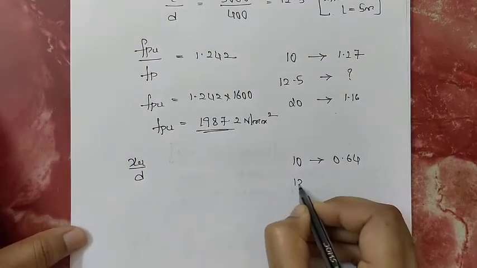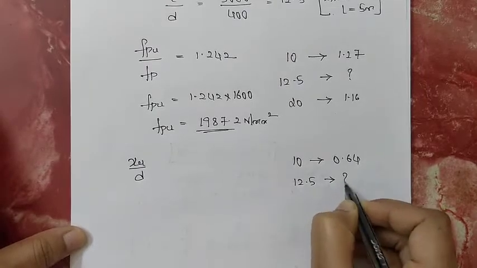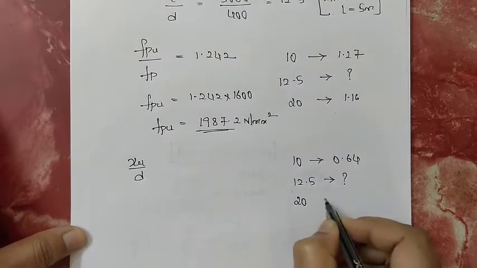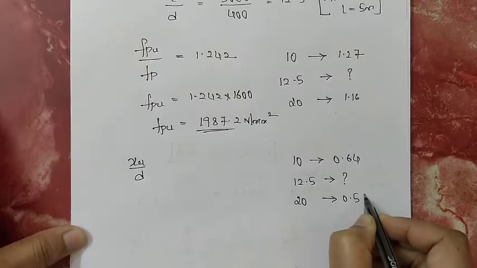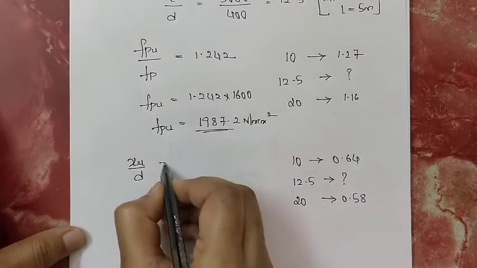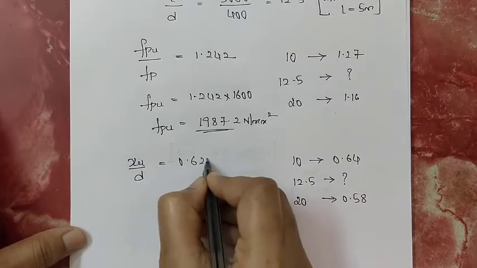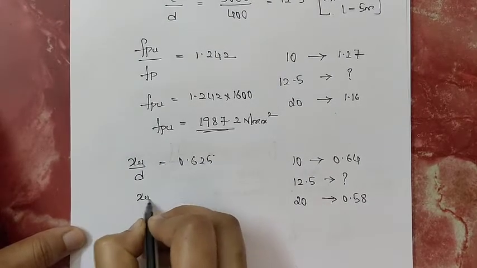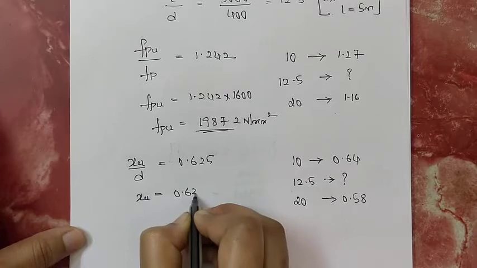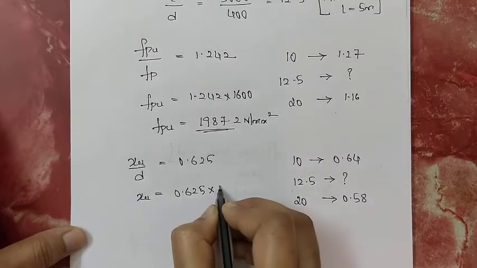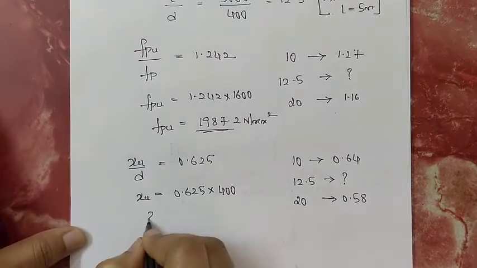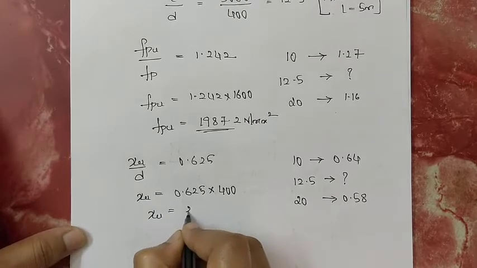For 12.5 you need to calculate it. Upon interpolation you will get the XU by D ratio as 0.625. Then calculate the XU value: 0.625 multiplied by the D value, 400, and you will get the XU value as 250 mm.